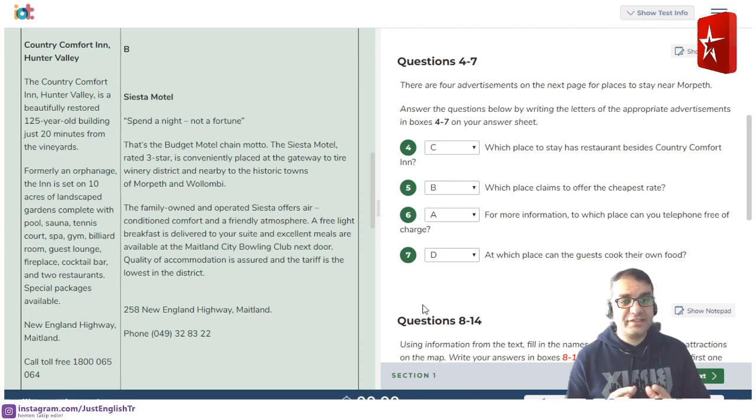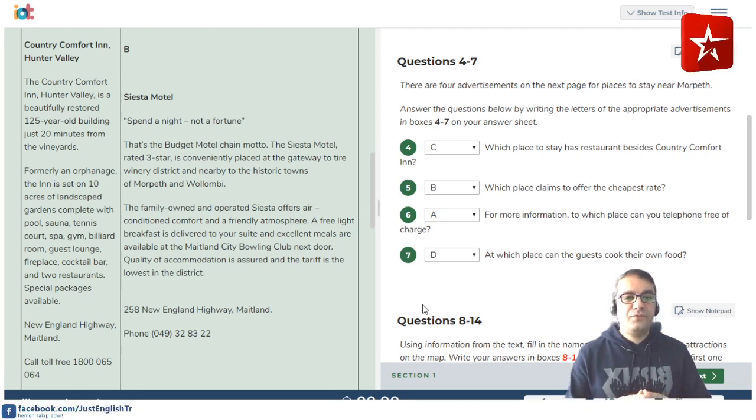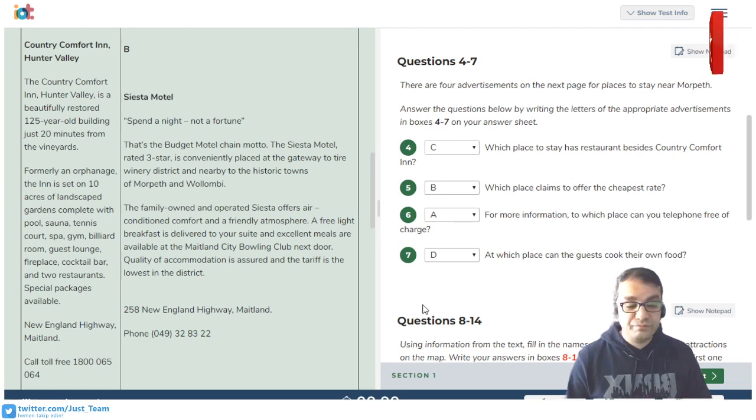So let's go for question 8 to 14. I hope you understand the technique. If you understand the technique, please tell me yes, we understood, so we can continue. If you don't understand the technique, please let me know, so I'll retell it again and make it easy for you. So if you understood the technique, please tell me yes.